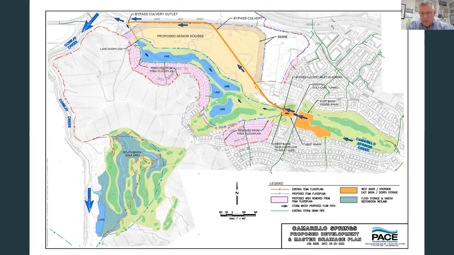So the next portion of it is the bypass, right? We said number 1 is the berm, number 2 is the bypass. And so the bypass is represented by this yellow line that you see here. And the inlet to the bypass is right here, just on the west side of Camarillo Springs Drive.